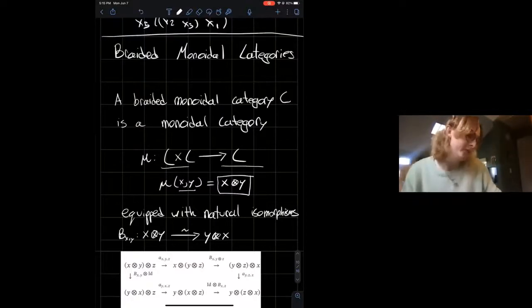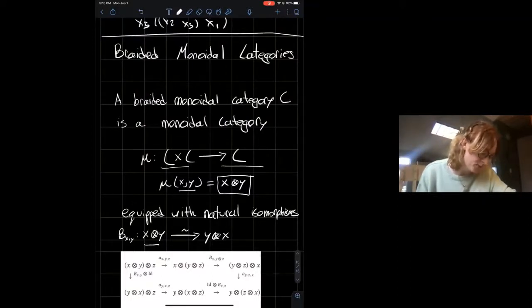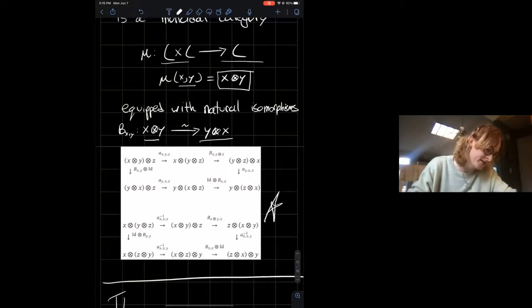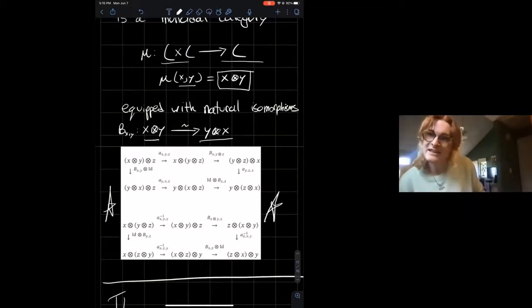A braided monoidal category is one that's equipped with natural isomorphisms from X tensor Y to Y tensor X, such that they fit into these 2 pentagon diagrams. The maps that say A there are associators. They're isomorphisms between different choices of parentheses or associations.